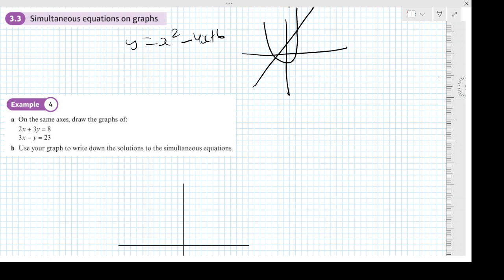I don't know, that's just a rough quadratic, right? It probably won't be the same quadratic as sketched. But then also the line y, say for example, is minus x plus 3 or something like that. So these equations represent the quadratic and the line graph.